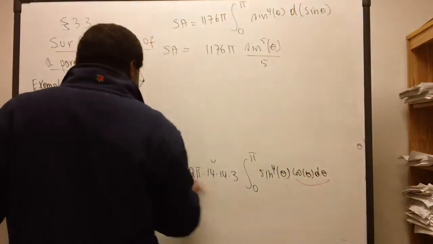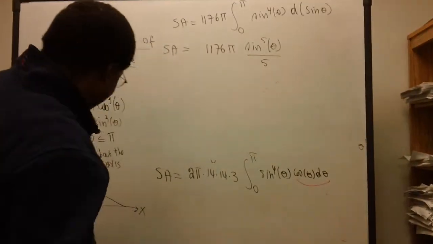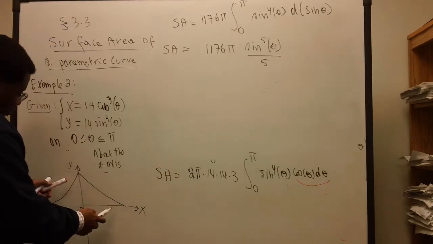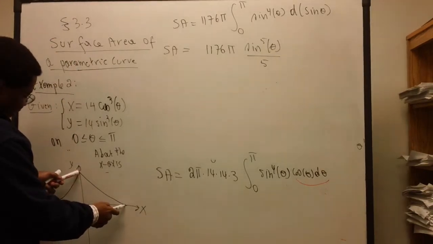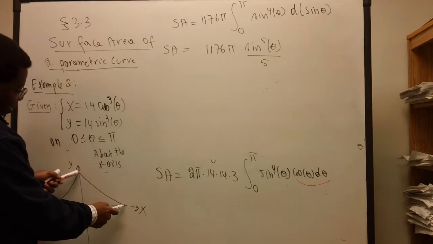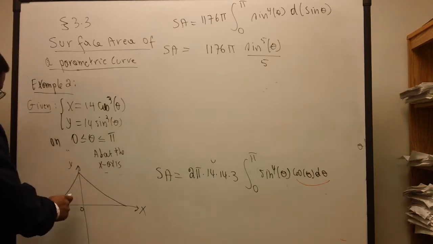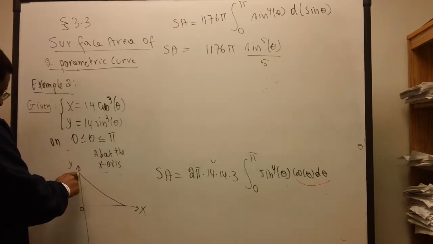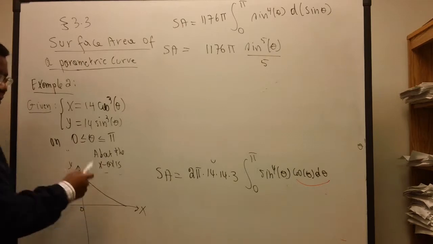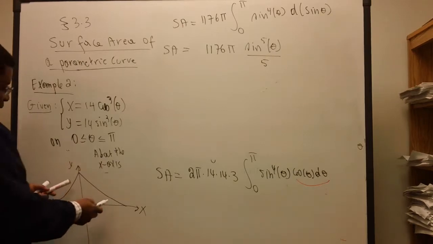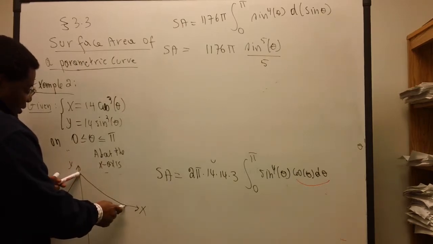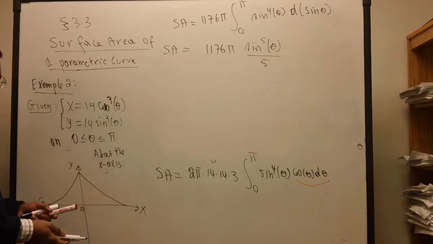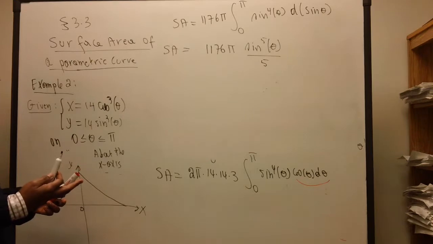I'm going to find the surface area generated by half of this curve. Because the surface area generated by this piece and this piece are basically the same. So if I can find the surface area generated by this one piece from 0 to pi over 2, then I can just multiply by 2, and I get the whole surface area.